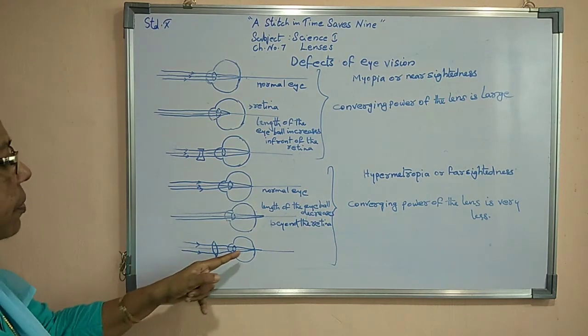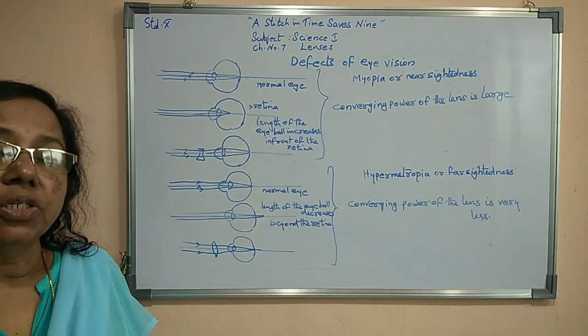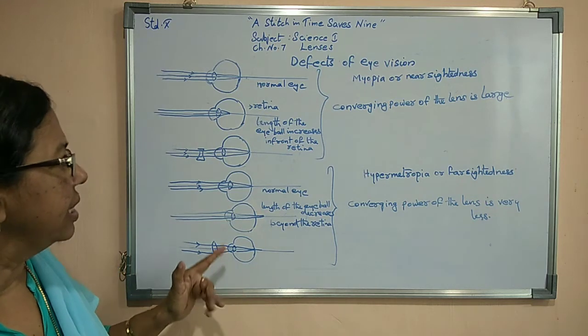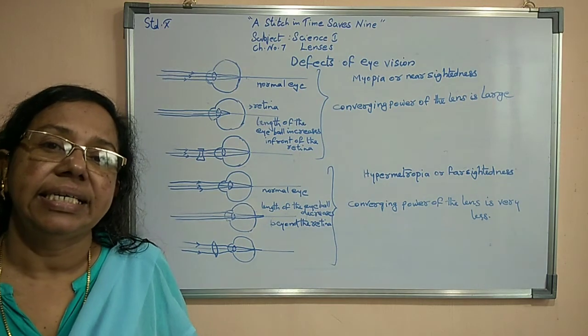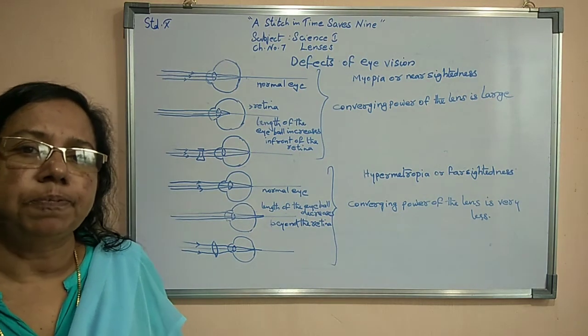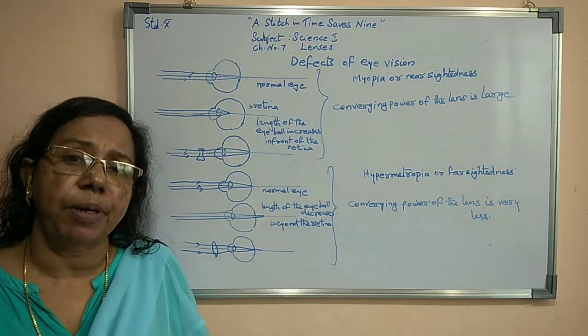As a result, the person can see the object very clearly. So the corrective measure of hypermetropia is using a convex lens in the spectacle of a person who is suffering from hypermetropia.